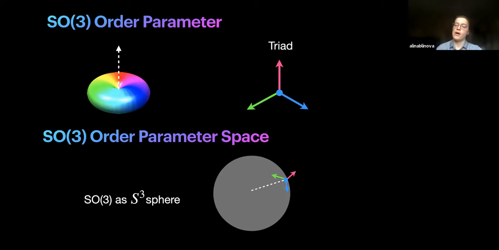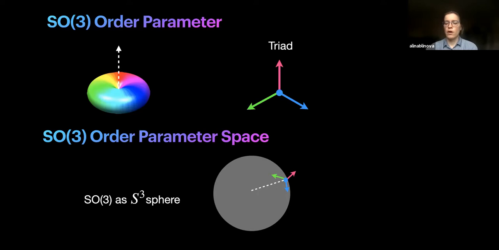For those who are familiar with homotopy theory, to characterize a topological excitation, we look at the order parameter space, which is the space of all possible configurations of our order parameter. In this case, all points inside the solid sphere describe possible rotations of the triad.